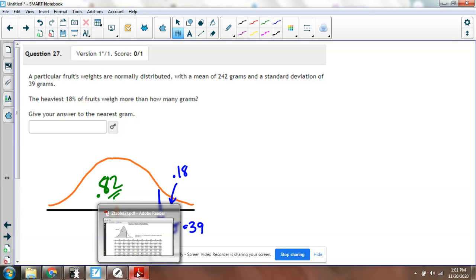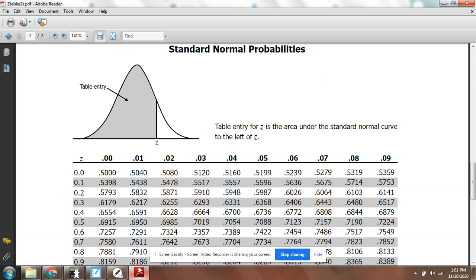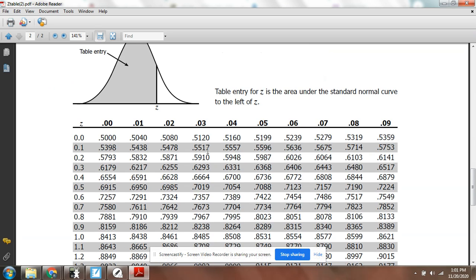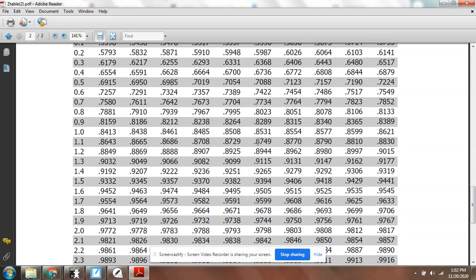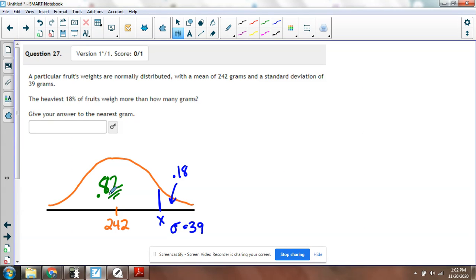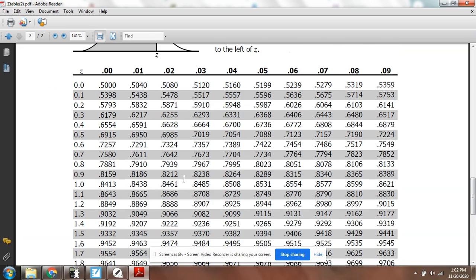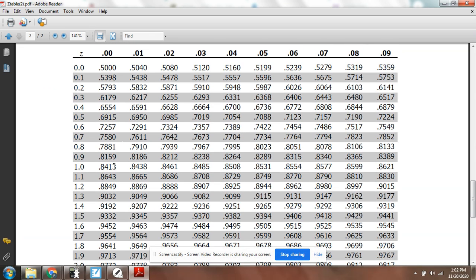The very last step before was finding the percentage on the Z table. Now we're going to start by finding the percentage on the Z table. There's two sides again. This one is for values above the mean. I'm going to look in this big array of numbers and try to find a value as close as possible to 82%. You'll see they go in order down the rows.